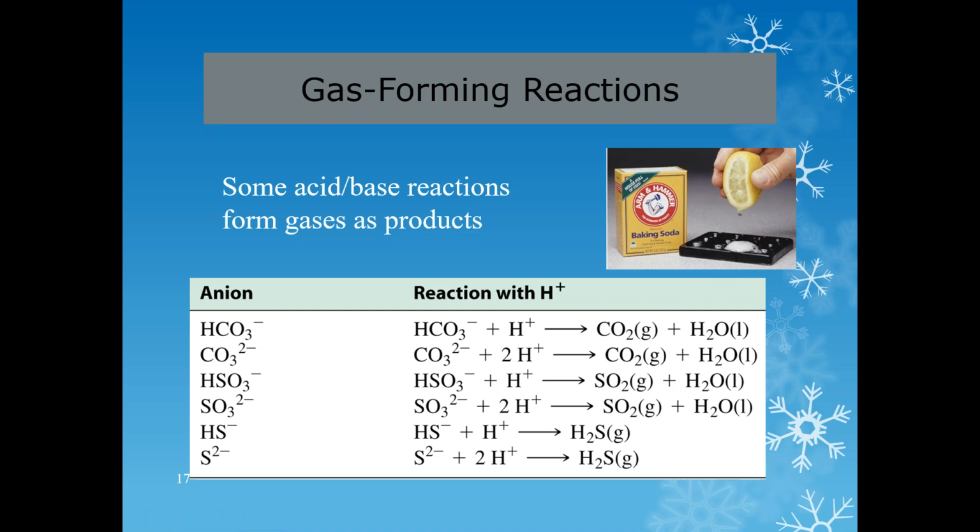What you'll observe is bubbles being formed, right? And the bubbles being formed would be due to this gas, carbon dioxide, all right? So that's an example of an acid-base reaction forming a gas. In this case, the gas is carbon dioxide, and that will be formed when you add anything acidic to any compound which contains the bicarbonate or the carbonate ion.